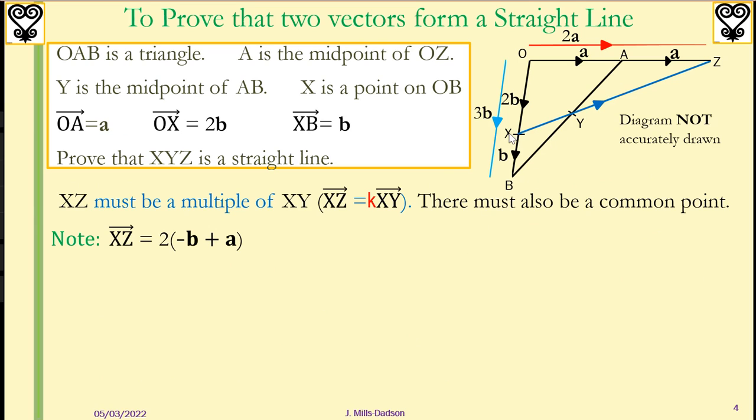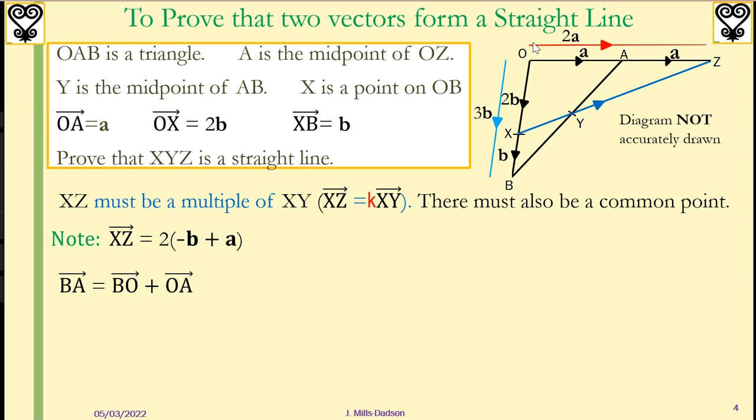But before we can work out vector XY, we know XY is simply vector XB plus BY. And BY, since Y is the midpoint of BA, BY is half of BA. So we want to work out what our BA is. Our BA is simply vector BO plus OA.